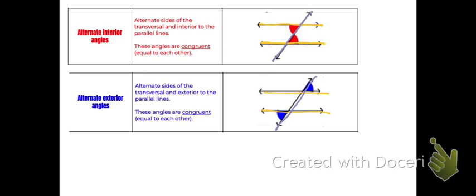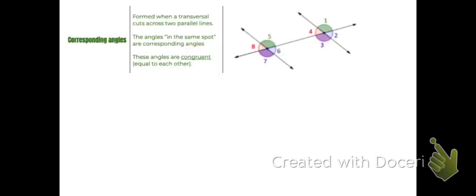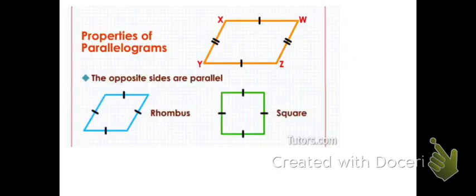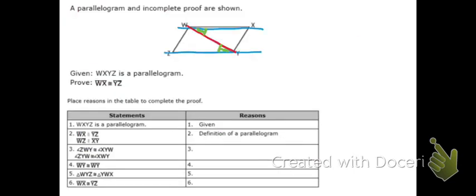So let's take a look again at our proof. Are the angles they're saying in that statement alternate exterior angles, alternate interior angles, or are they corresponding angles? What do you think with these green angles and these green angles here?